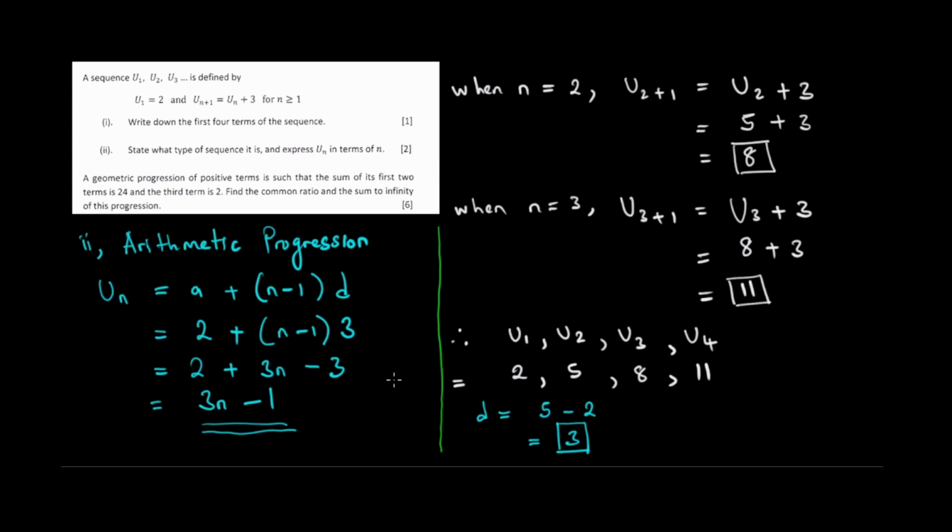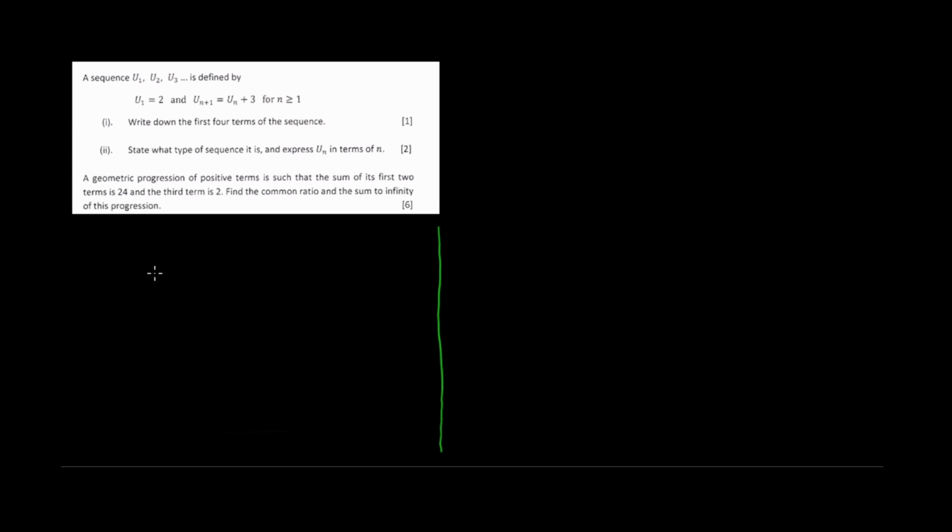Okay, let us now go to the last part of our question, but let me clear the board. Looking at this particular question, a geometric progression of positive terms is such that the sum of its first 2 terms is 24 and the third term is 2.